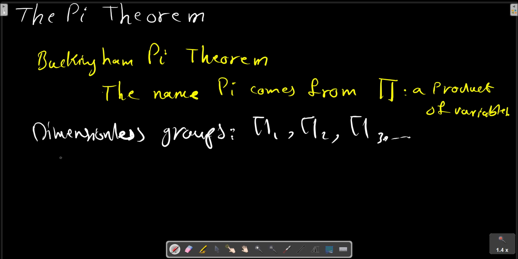The first part of the pi theorem explains what reduction in variables to expect.